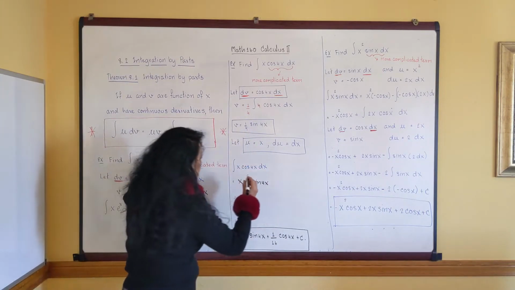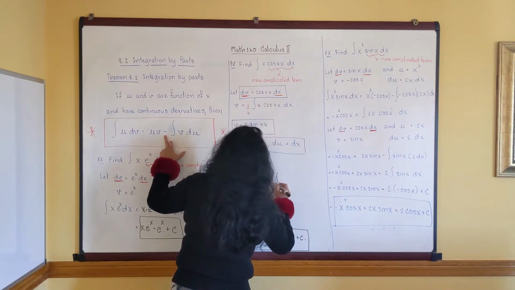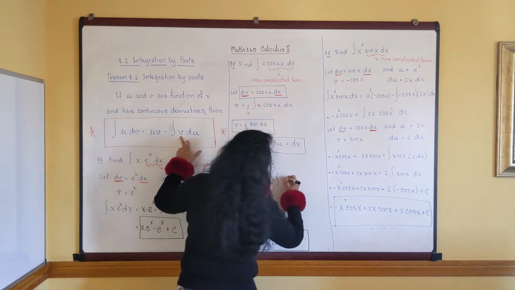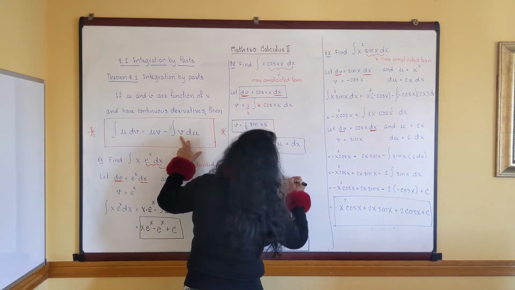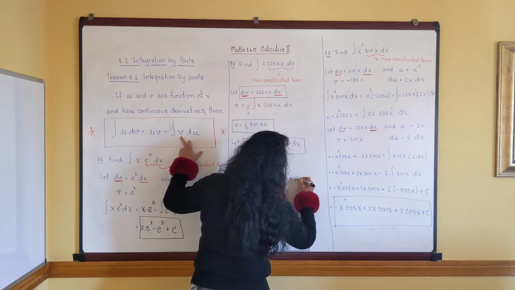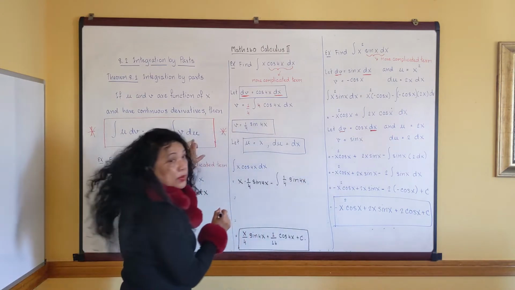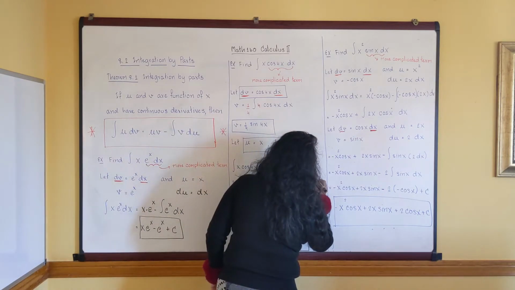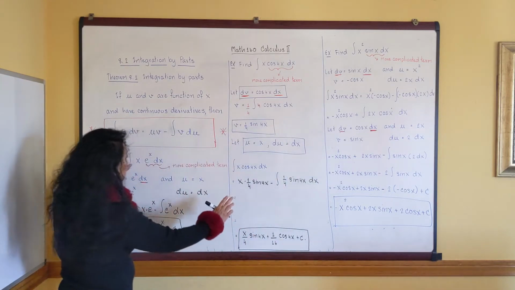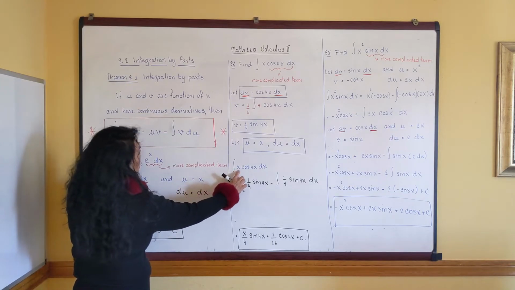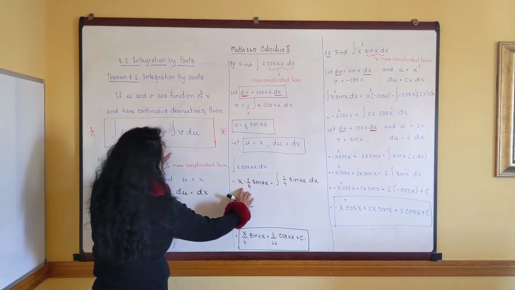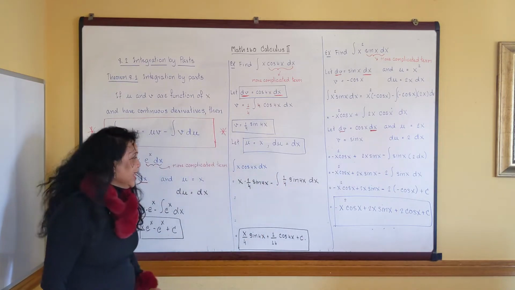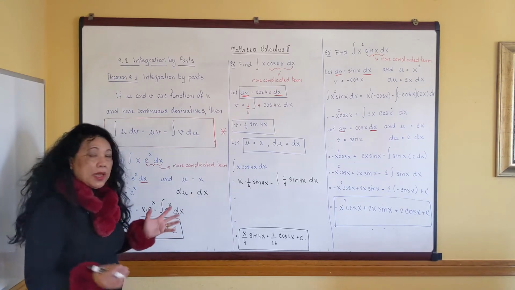Minus the integral of v, which is 1/4 sine of 4x, du, and my du is dx. I substitute in the formula: the integral of u dv is equal to u times v minus the integral of v du.